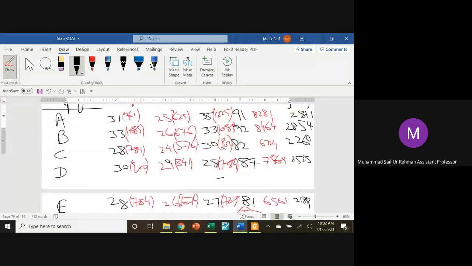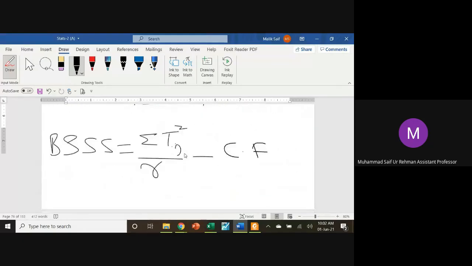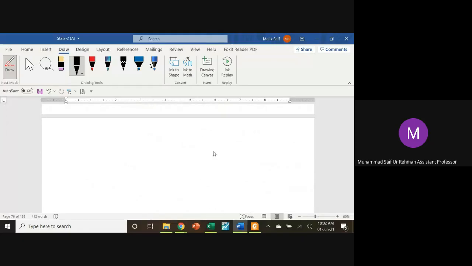So it means that now you have to consider all these values, which is a difficult task, but we can easily find it out if we consider the formula like this. Total variation will equal the between shifts sum of square plus between employees sum of square plus within employees or within shifts sum of square.